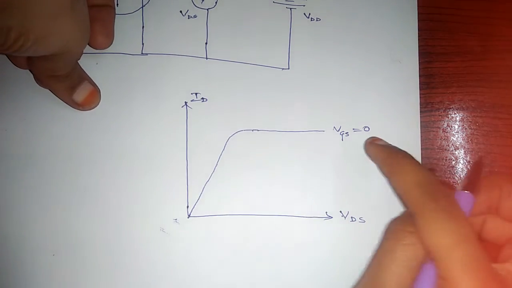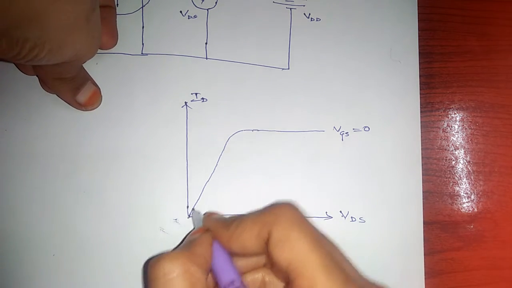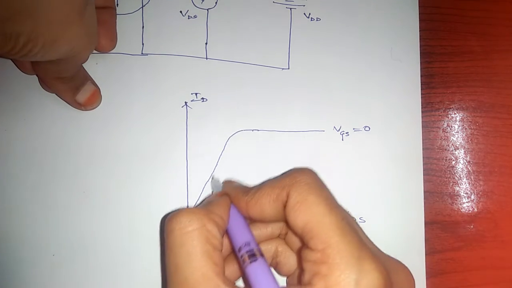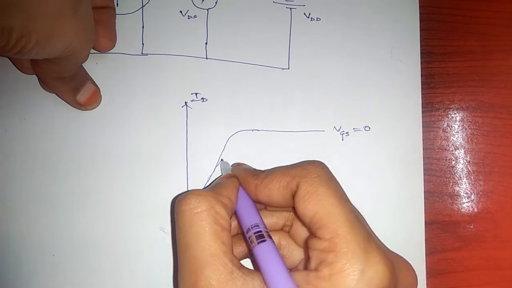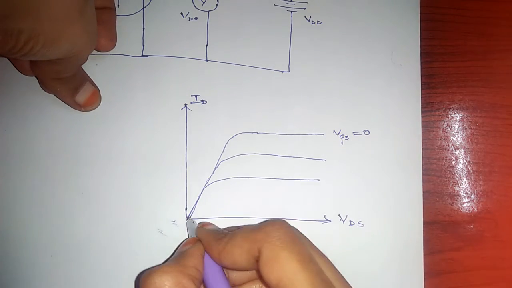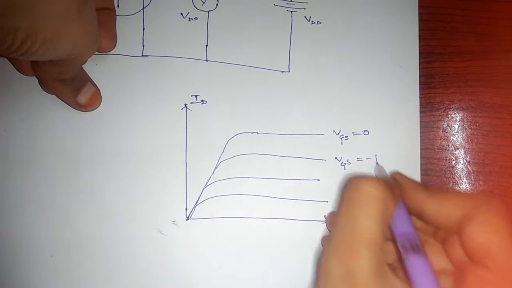For example, let you take VGS as minus 1 volt. Then the characteristic curve between ID and VDS will go this way, and so on for minus 1, minus 2, minus 3 and so on.